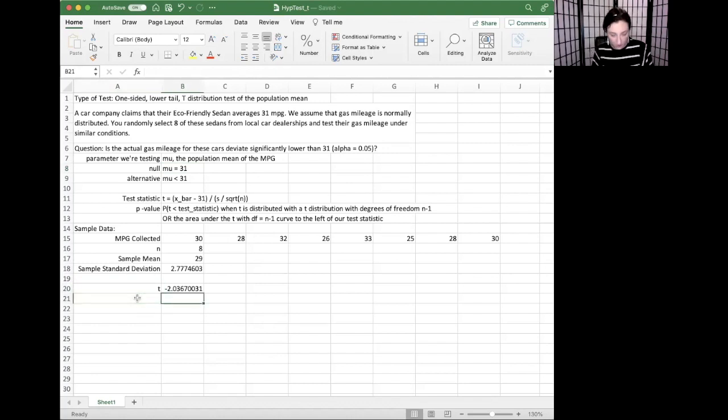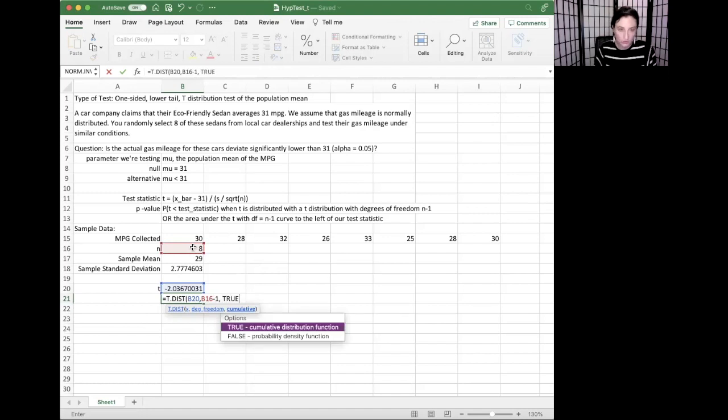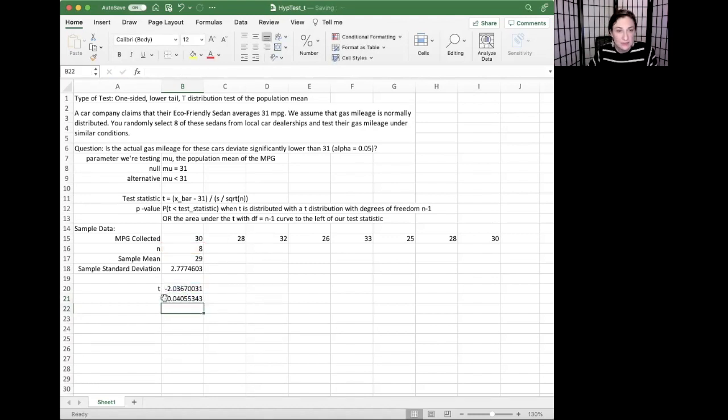So our p-value is going to be the t-dist of this value, degrees of freedom n minus 1, and cumulative is true. Remember, this is how we're going to find the area under the curve to the left of this value. And we see that it is 0.04. Meaning what? Meaning that there is a 4% chance of getting this value, a 4% chance of this happening by chance, right?